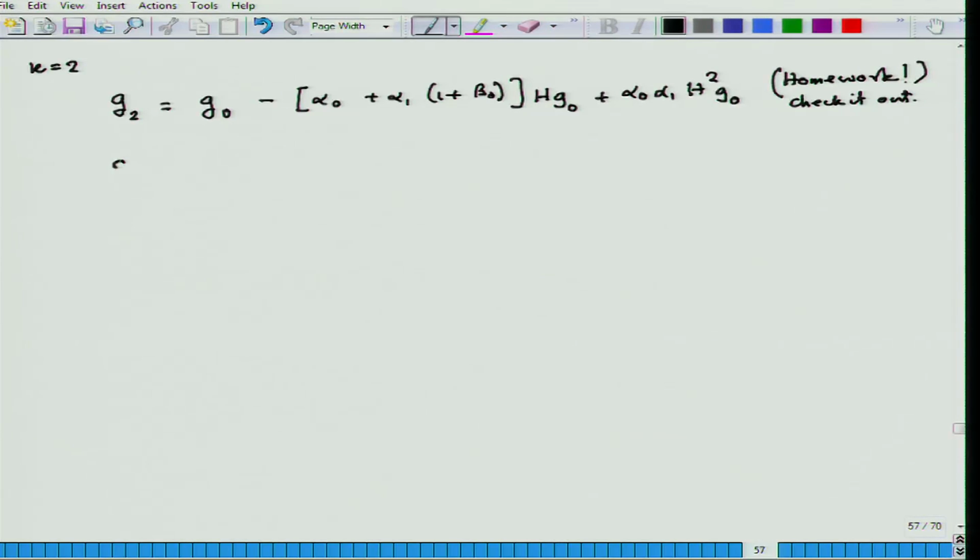And now D2. So here G2 is a linear combination of G0, H G0 and H squared G0, and so D2 is written as follows. The coefficients are getting slightly complicated once we introduce the other variables.